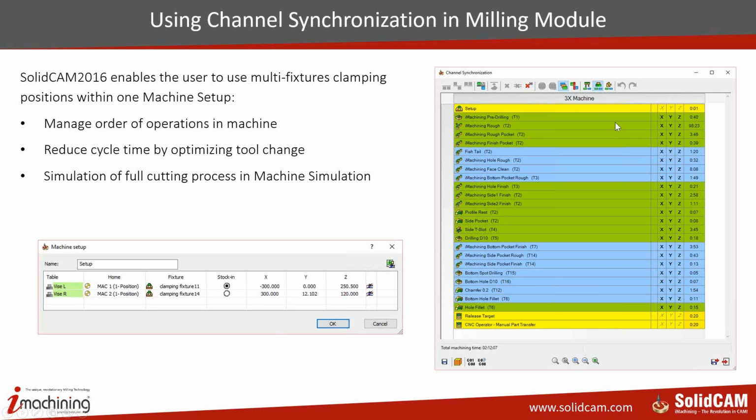Here, as you can see, we have only, of course, one channel over here, and you can use it in this way. So besides the operations, here you see also the tool that is used in this particular operation. Now, this information actually comes from the SolidCAM settings.